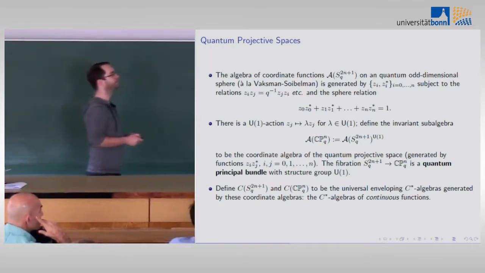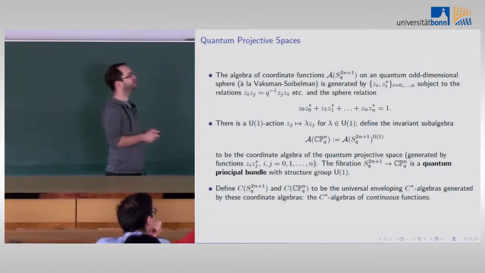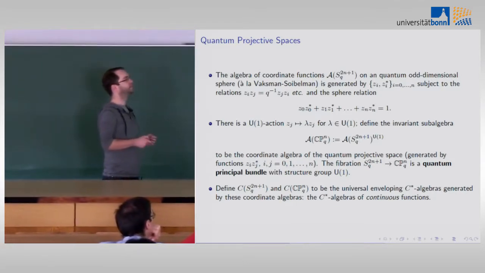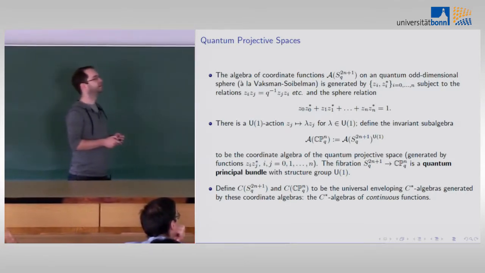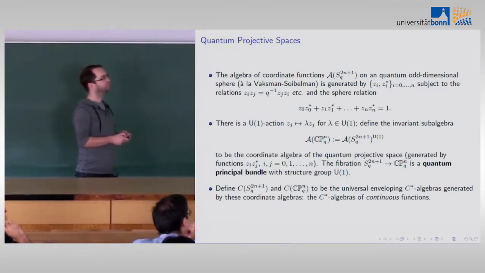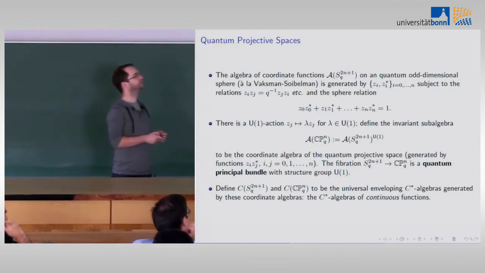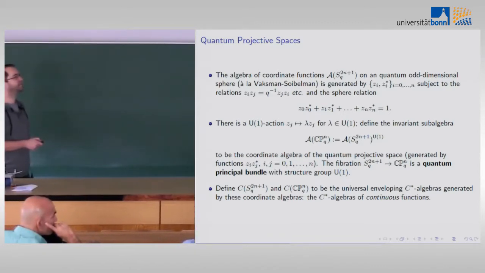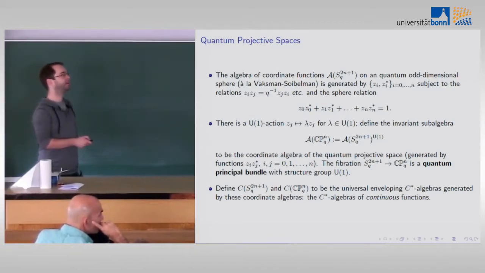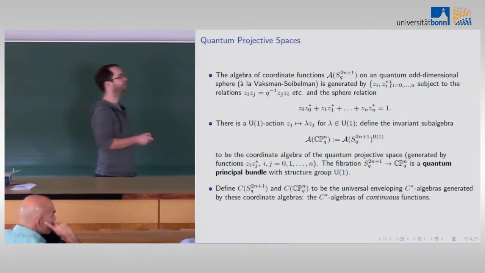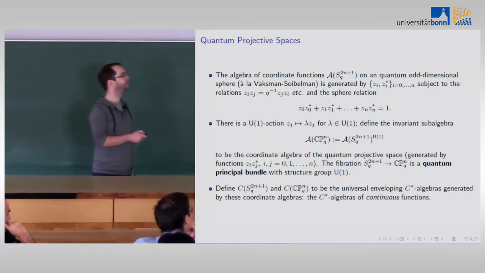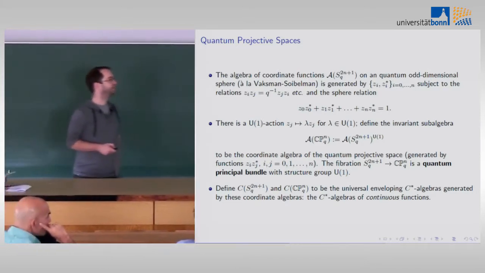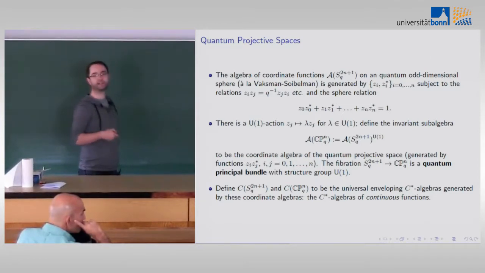More importantly, you have this sphere relation, which tells you that you're not on R^{2n+2}, but you're on the 2n+1 dimensional sphere. So this is the unital algebra generated by these, subject to some deformed commutation relations and the sphere relation. And of course, as q goes to 1, you recover a commutative algebra.